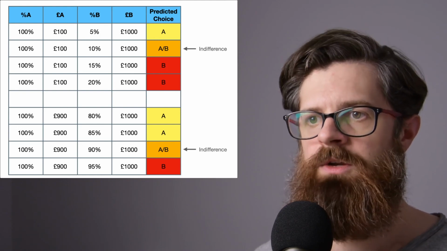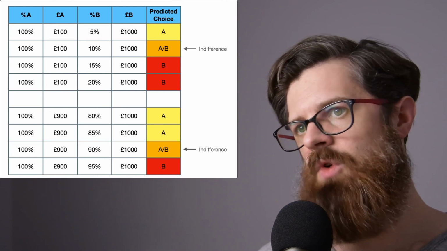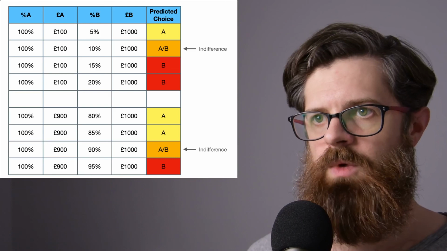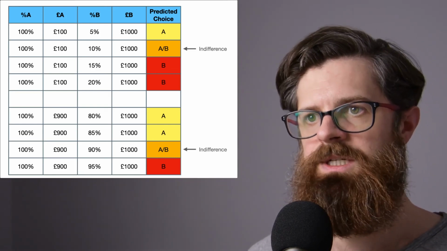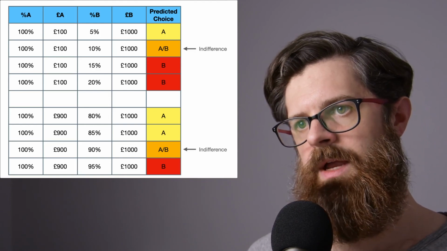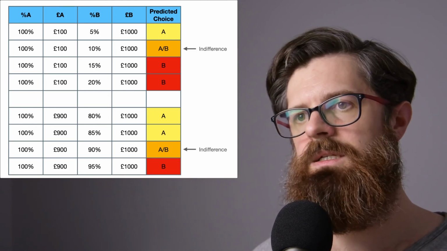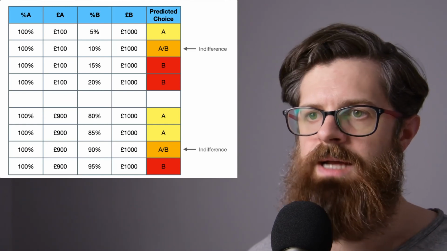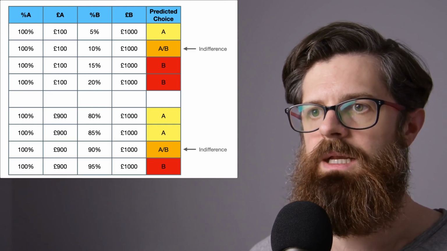And then you can run your experiment with trials that I have here, for example, and then you might add another column which corresponds to the actual choices people make, and you can see whether they are consistent or more consistent or less consistent with the predictions of expected value theory. So that's expected value theory and how you might go about testing its predictions.